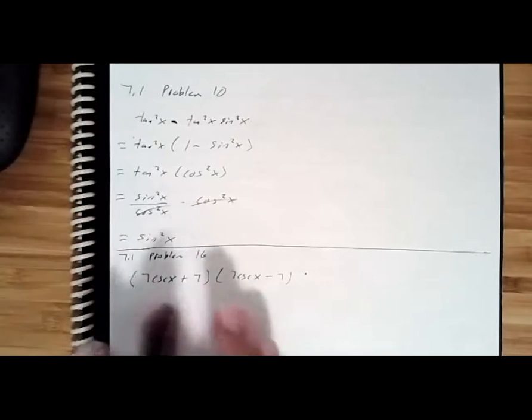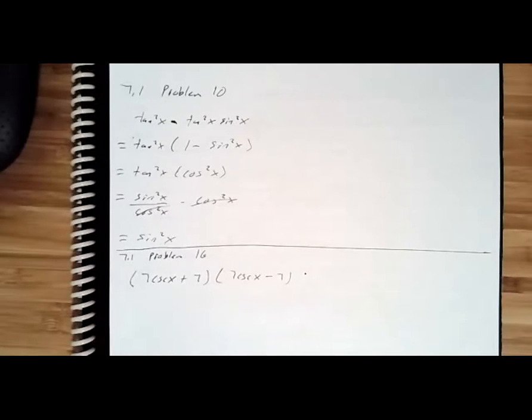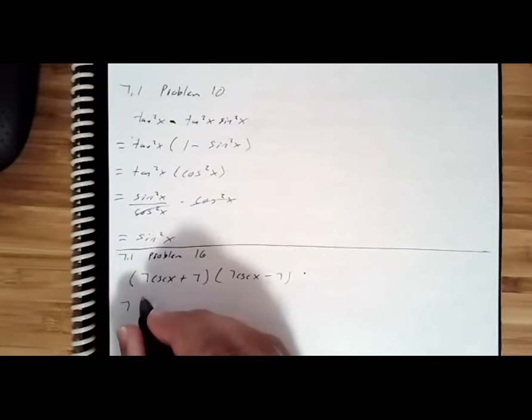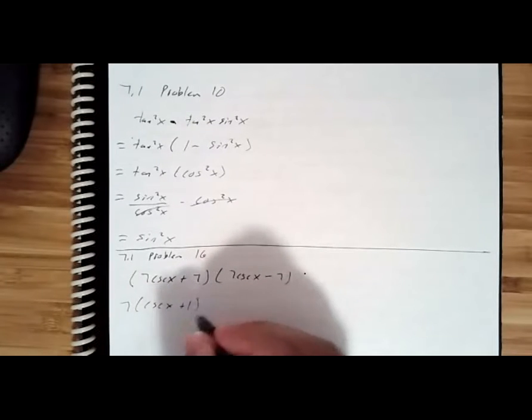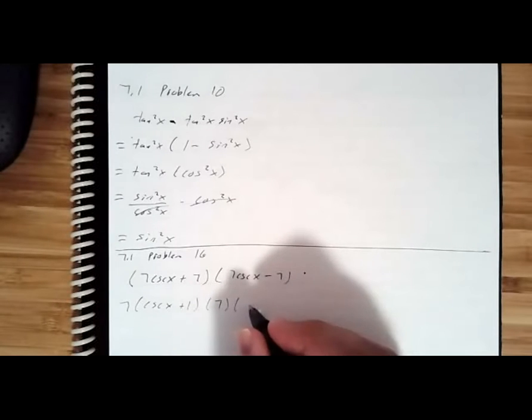And then that gave me 7 parenthesis cosecant squared x minus 1. And then I took the cosecant squared x minus 1 and I applied one of the identities to it, which gave me cotangent. There's a square, yeah.